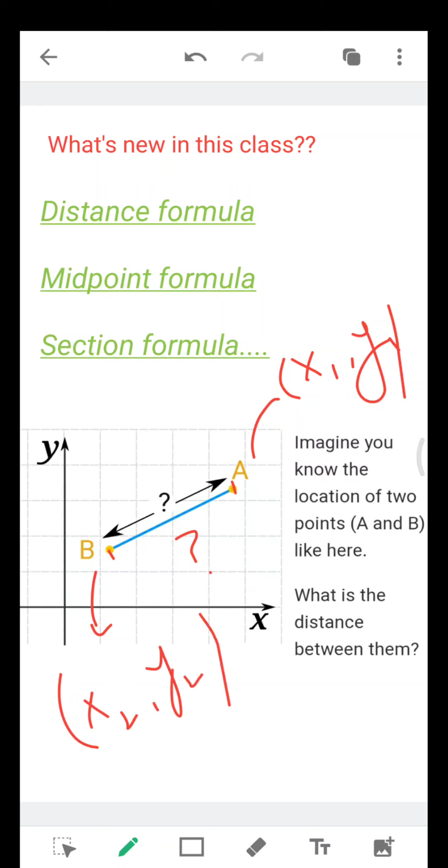For our convenience, we'll number them as x1, y1, x2, y2, whatever may be their points. Doesn't matter, the points can be in any quadrant, it can be on any axis. What is the location of A, what is the location of B, that doesn't matter. So we will name them x1, y1, x2, y2 always.